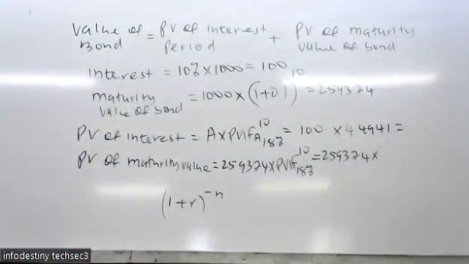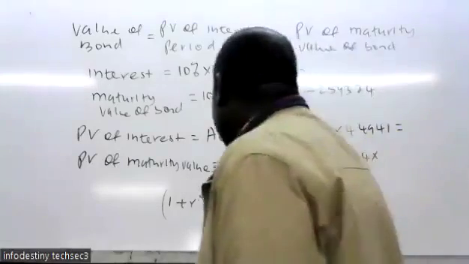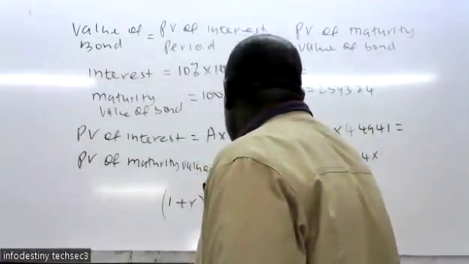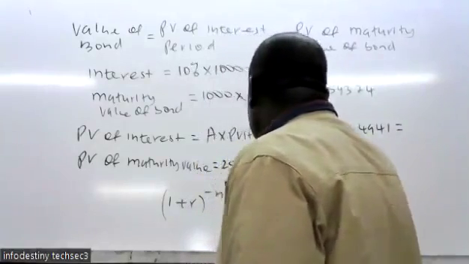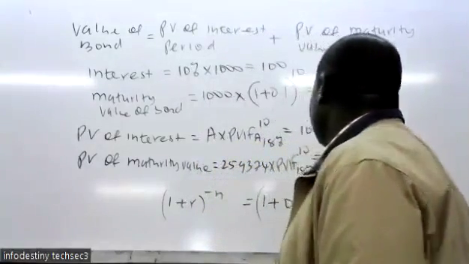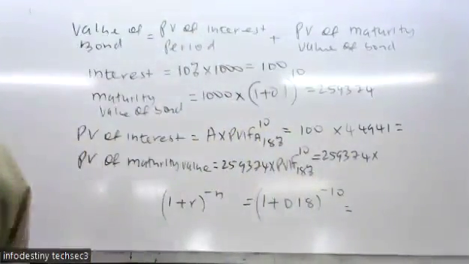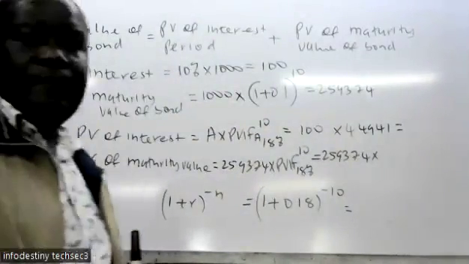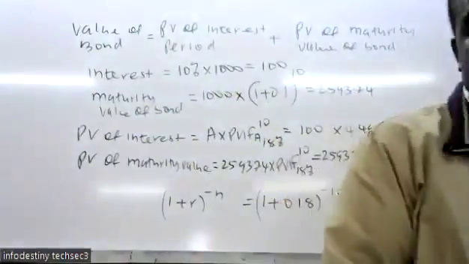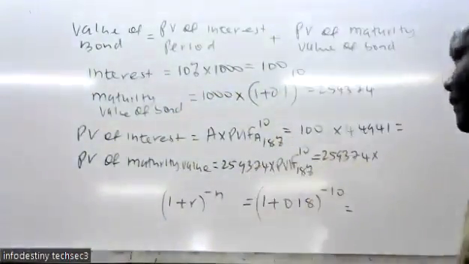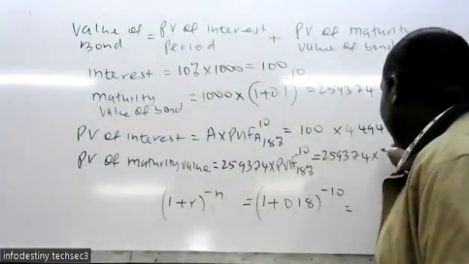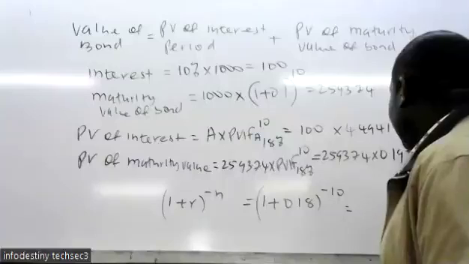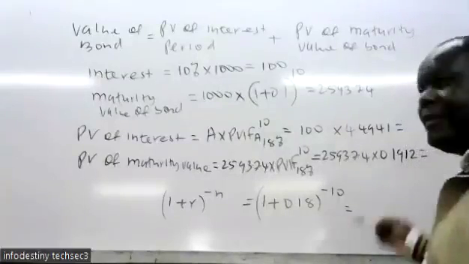So you also take 1 plus 0.18 raised to the power of -10. So it will give you 0.1912.